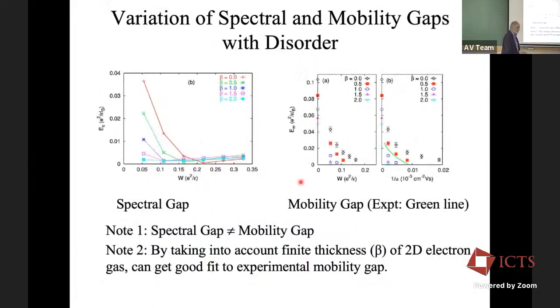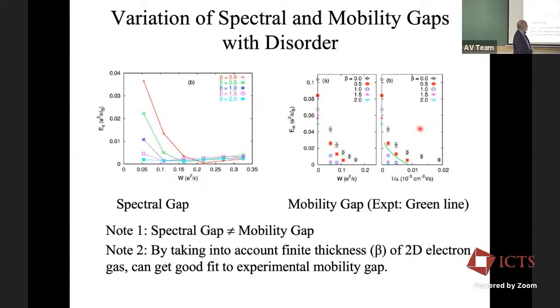But what you find is that you get both the spectral gap and the mobility gap going to 0 as a function of disorder. And what I want you to see is this particular curve where the green line is the experimental data and the red points are our best fit to the experimental data.